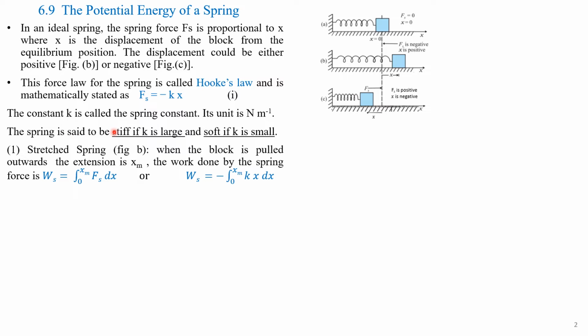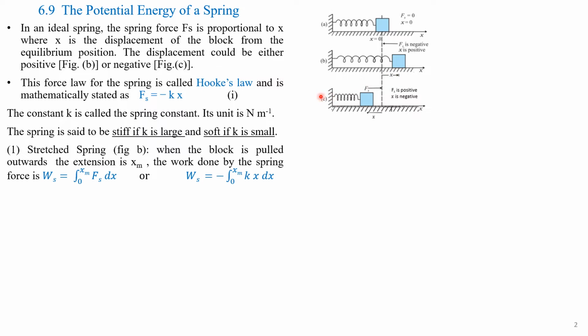Now we will consider some special cases. Case number 1, stretched spring. As shown in figure B, the middle figure, when the block is pulled outwards, the extension is xm.